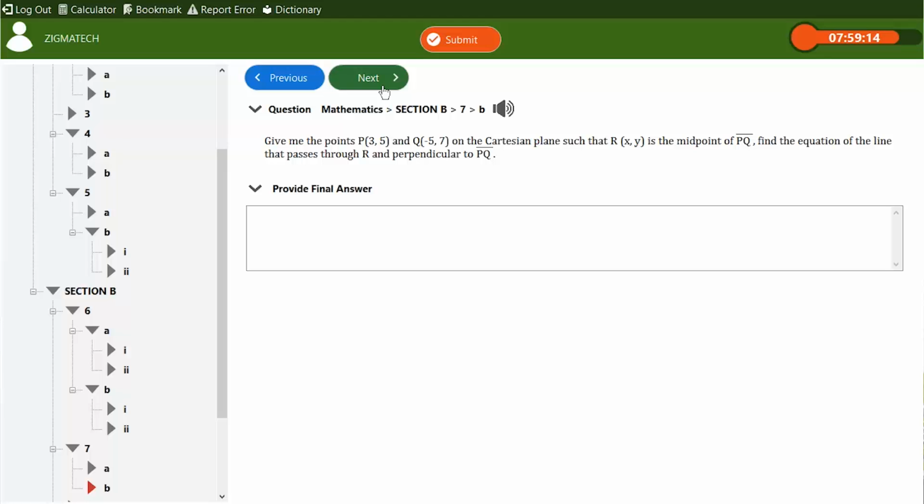Beautiful question. The discouraging factor here is the word perpendicular.